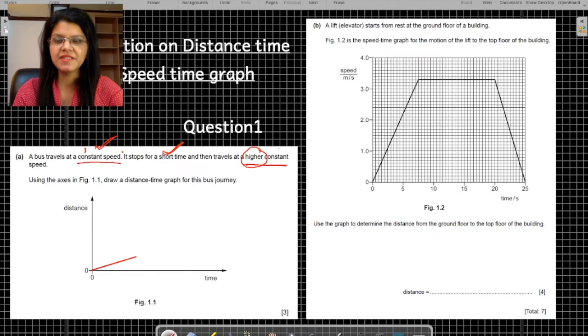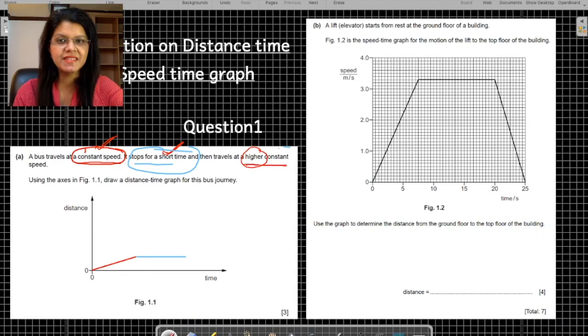The bus travels at a constant speed. Next, what happens? It stops for a short while. How do you depict stopping on a distance time graph? Horizontal line. Part 2 of the question done. We have shown the stopping.